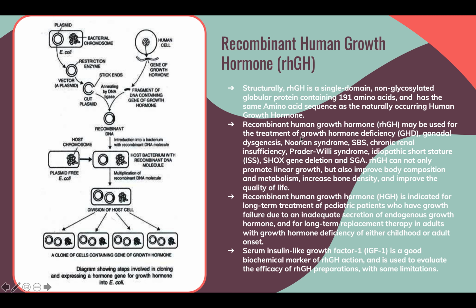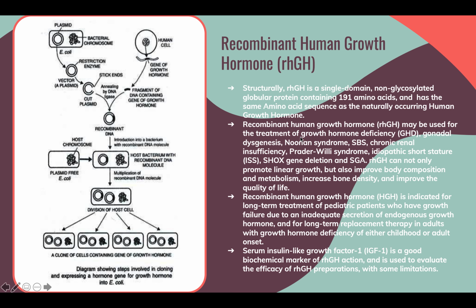In addition, recombinant human growth hormone can not only promote linear growth, but also improve body composition and metabolism, increase bone density, and improve the quality of life, which are the characteristics that I mentioned in the previous presentation in regards to bodybuilders utilizing growth hormone treatment, or the topic about the utilization of growth hormone treatment in elderly patients in terms of improving longevity.